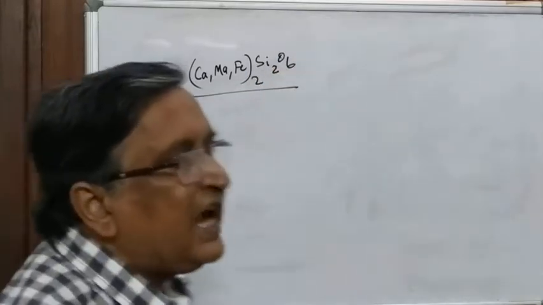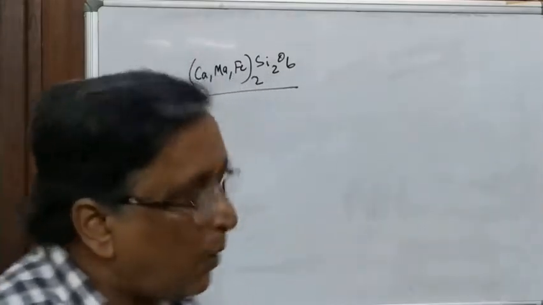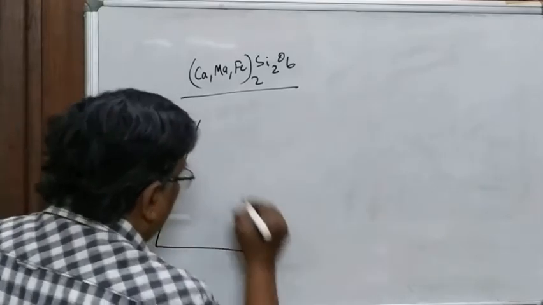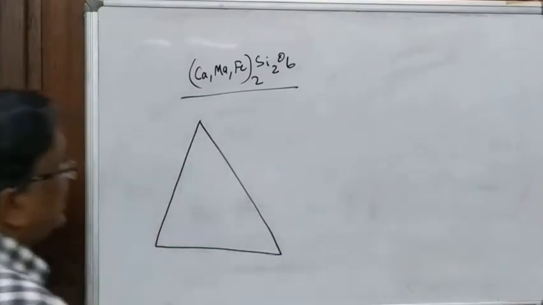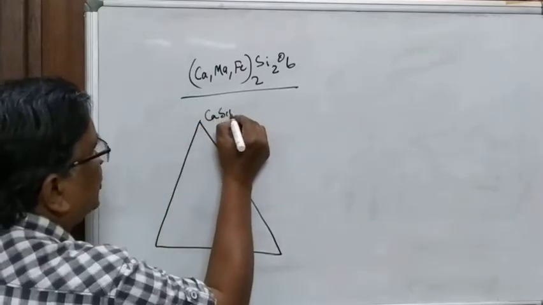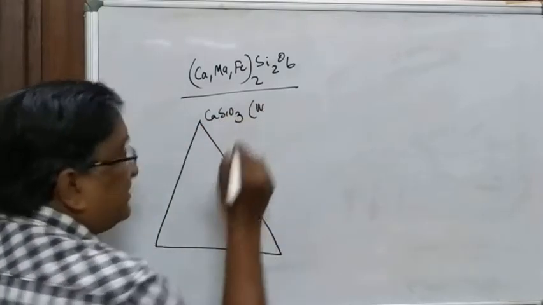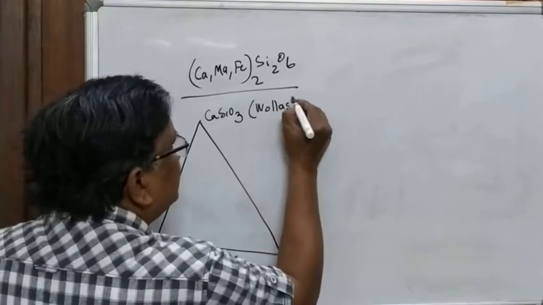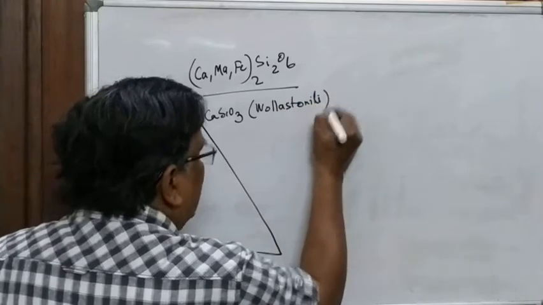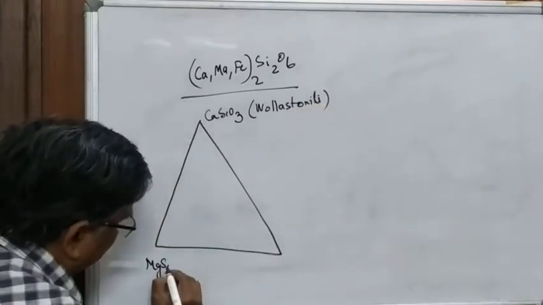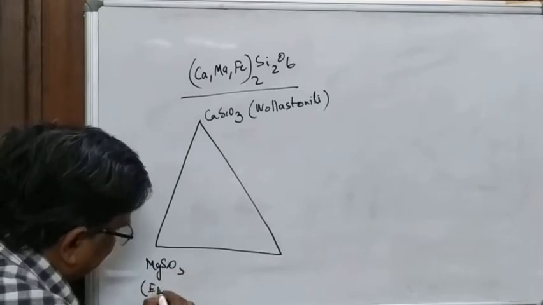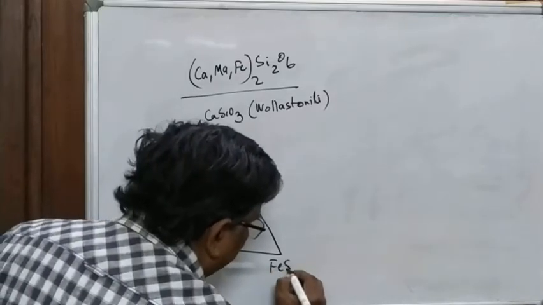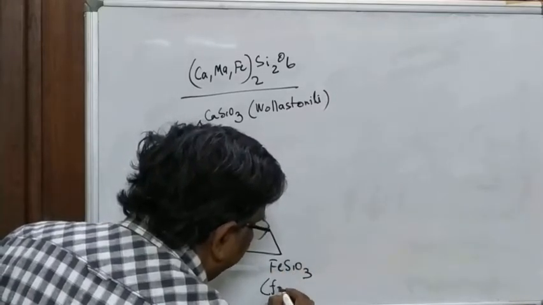This is a quadrilateral pyroxene. Why? I will tell you. This is CaSiO3. The name for this phase, if it occurs separately, is called wollastonite. This is MgSiO3 and this is enstatite. And you have FeSiO3, which is called ferrosilite.